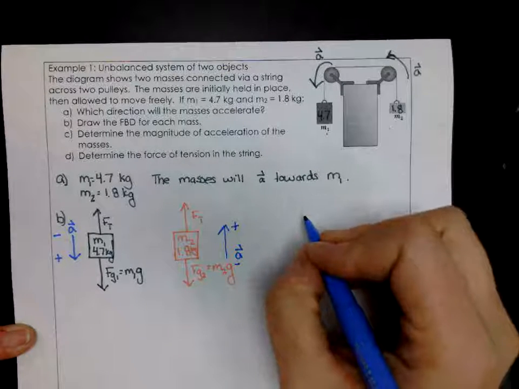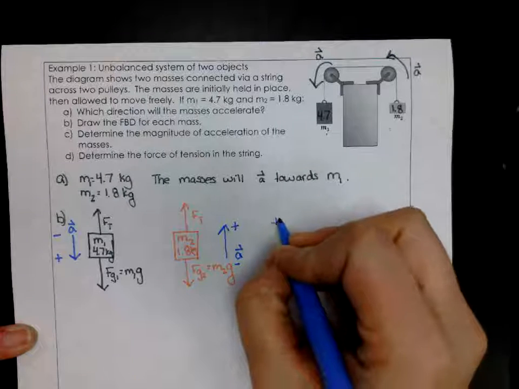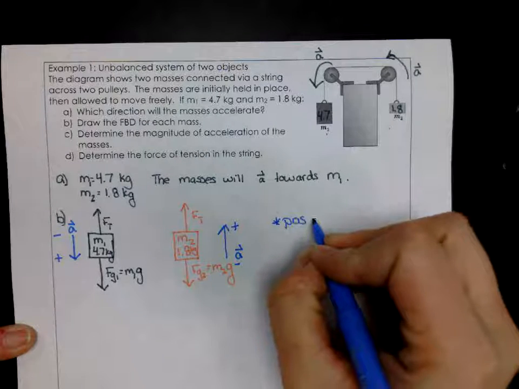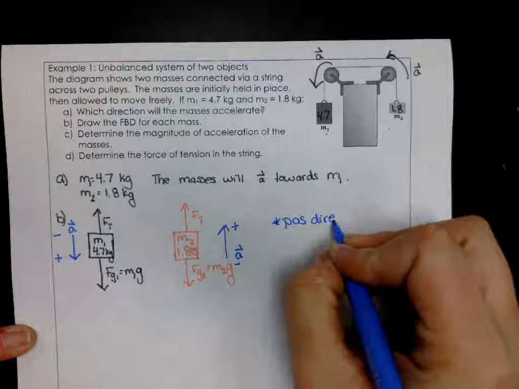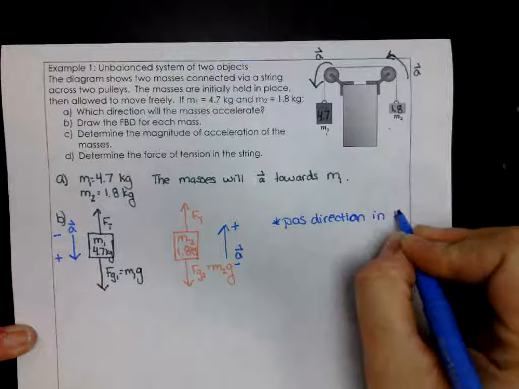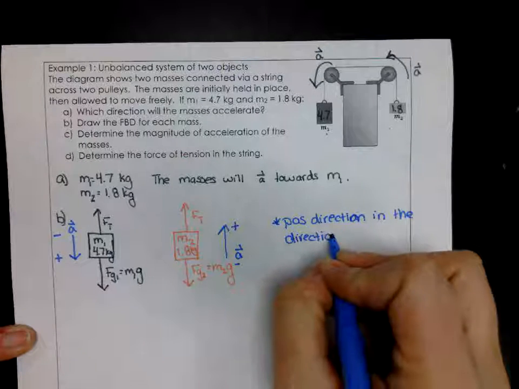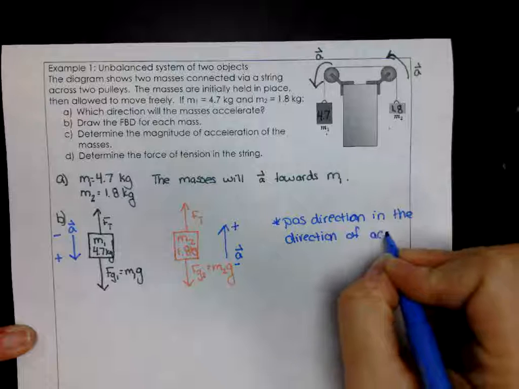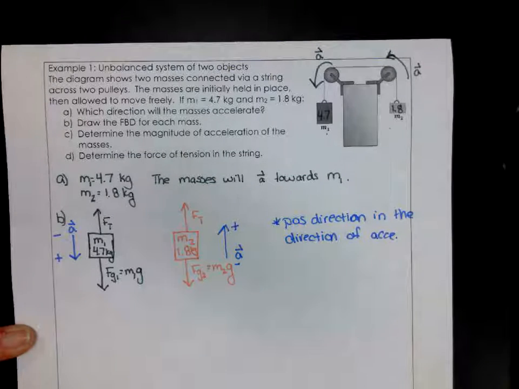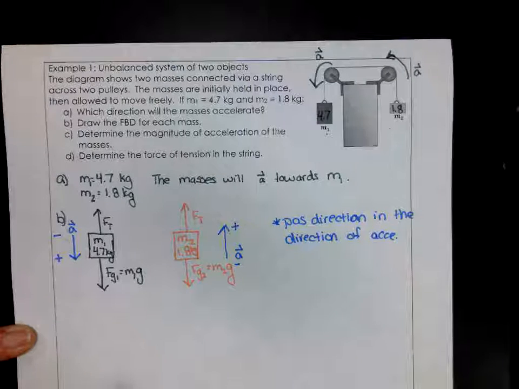It's good practice to always base the positive direction for each mass on the direction of acceleration. All right, and that's all there is to part B.